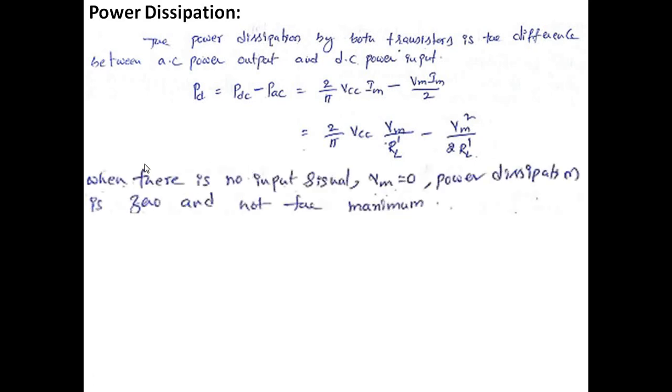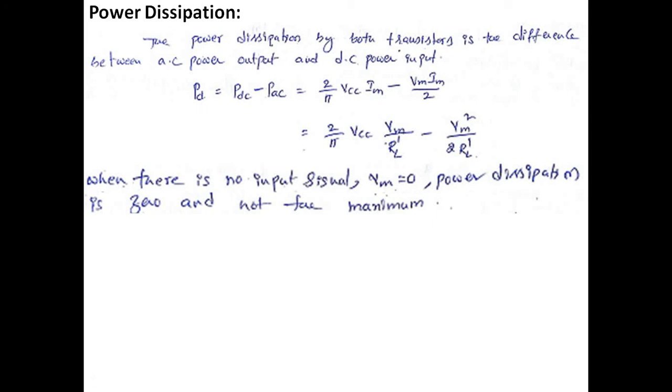And you assume that we don't have any AC signal at all. If we don't have any AC signal, Vm is equal to 0. If Vm is equal to 0, this term becomes 0 and this term also becomes 0. As a result, the total power dissipation is 0 and not the maximum.